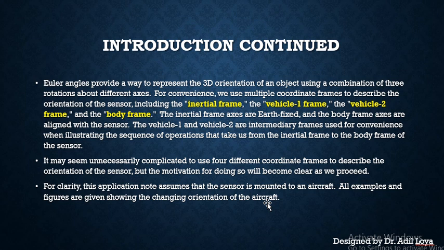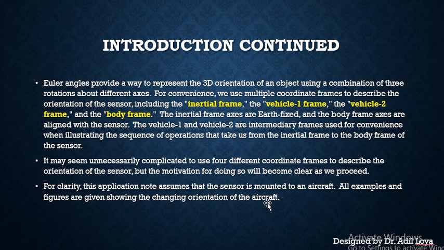And then furthermore, for convenience, we use multiple coordinate frames to describe the orientation of the sensors, including the inertial frame, the vehicle 1 frame, the vehicle 2 frame, and ultimately the body frame. The inertial frame axes mostly represent the earth fixed axes, and the body frame axes are aligned with the sensors.